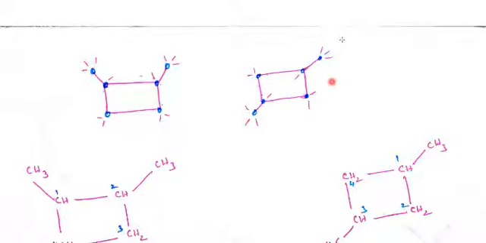This carbon is linked by 2 bonds, so 2 hydrogens. Again 2 bonds, 2 hydrogens. This carbon with 3 bonds, only 1 hydrogen. This carbon with only 1 bond, 3 hydrogens.